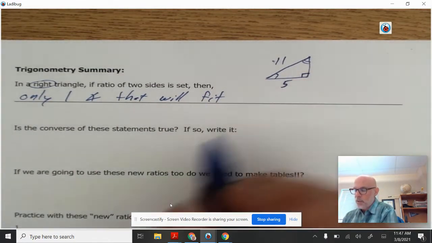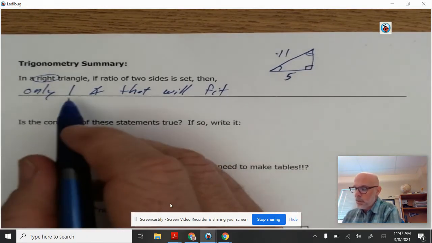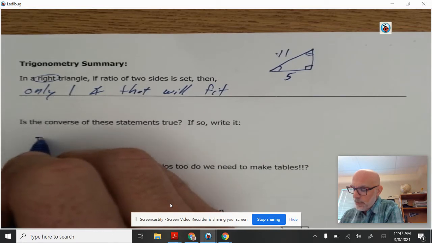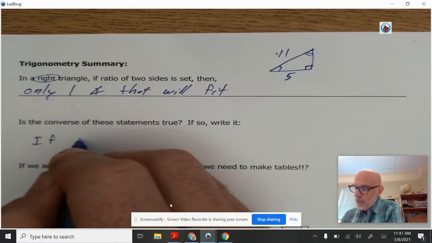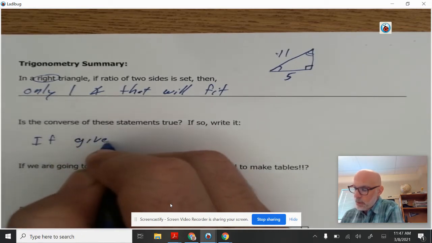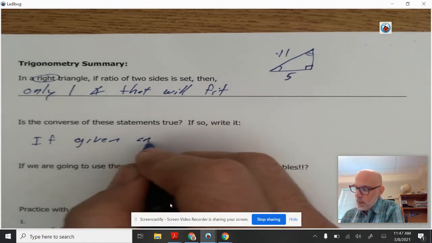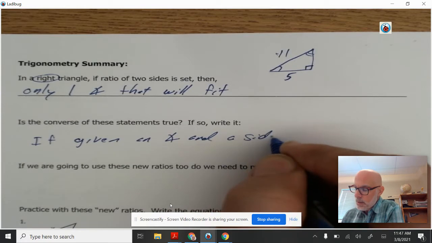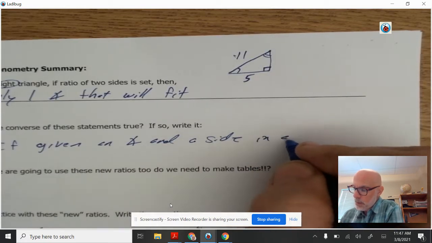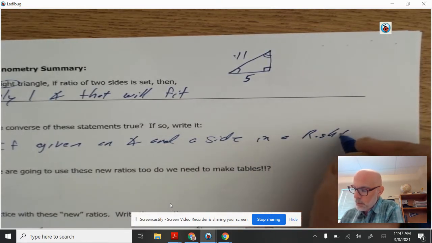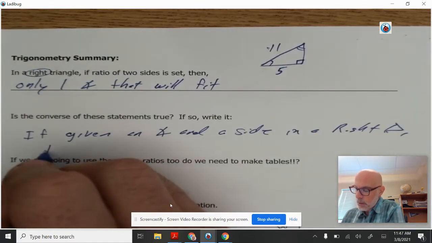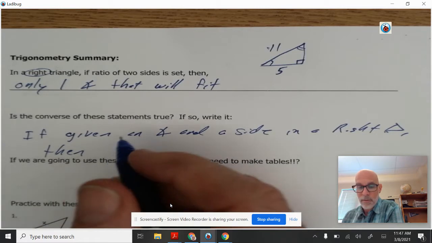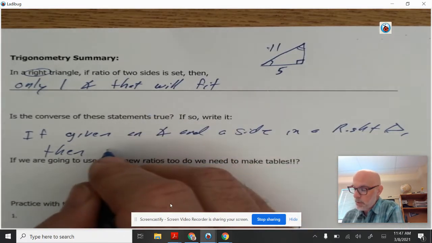Okay? So to say this backwards, we would say if you're given an angle and a side in a right triangle, then the other two sides are set.